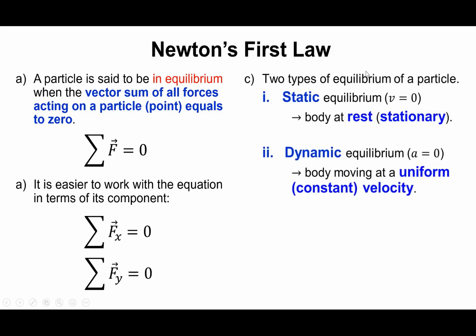There are two types of equilibrium of a particle. The first one is static equilibrium, when the velocity is 0. That means the body or object is at rest or in a stationary state. The second one is dynamic equilibrium, when the acceleration is 0. That means the body or object is moving at a uniform or constant velocity.